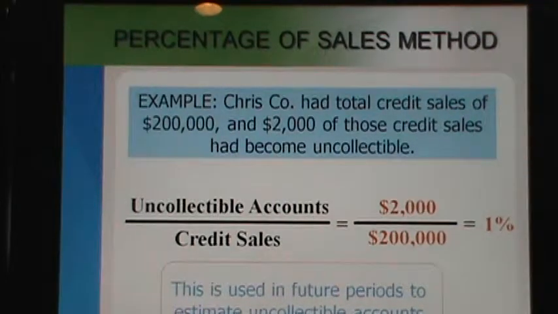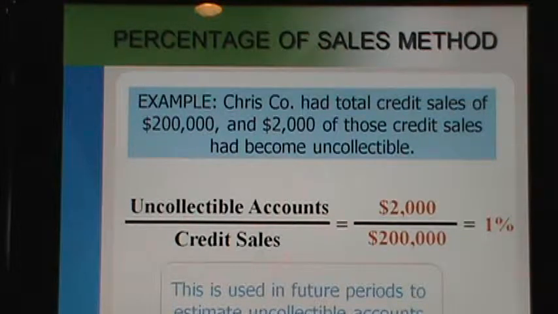So here's the example. Chris Company has total credit sales of $200,000, and 2,000 of those credit sales had been uncollectible. So basically, we look to see what percentage of our sales are uncollectible, and we take that 2,000 uncollectible accounts divided by 200,000 credit sales, and we find out that 1%, in your calculator it'll say 0.01, 1% of those $200,000 worth of sales were uncollectible.